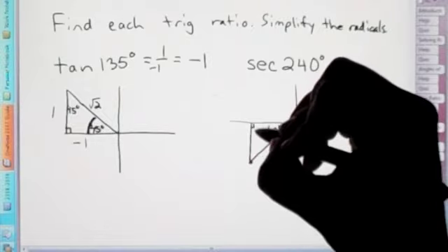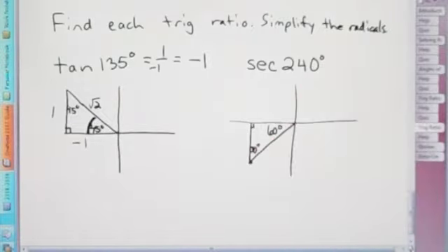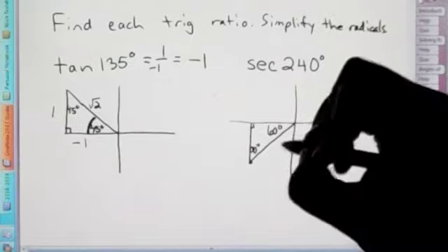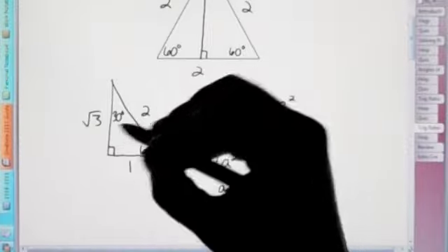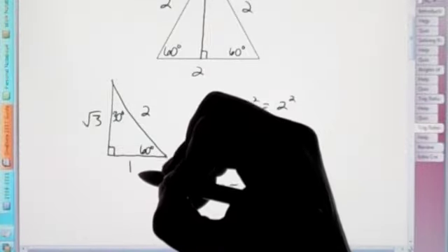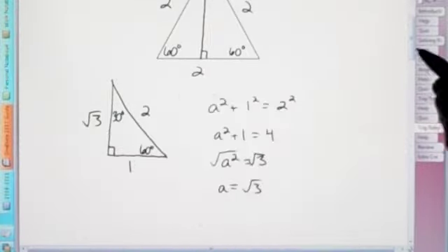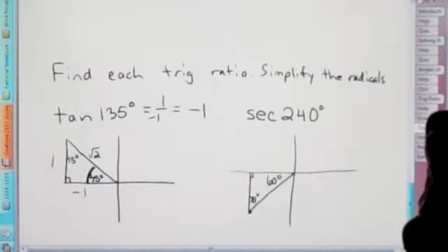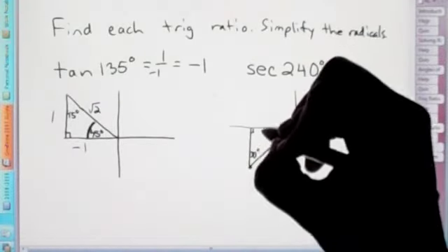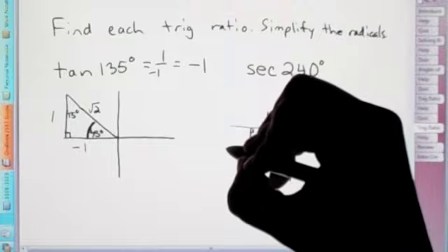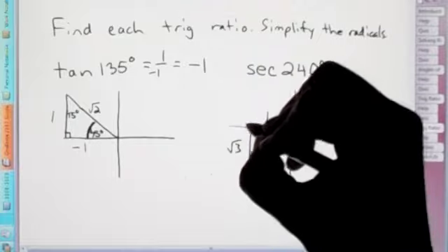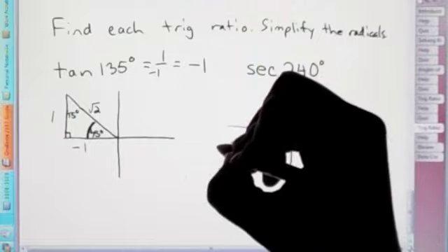So now here we have a 30, 60, 90 triangle, in which, again, it's 2, 1, root 3. The hypotenuse is 2, the side opposite 30 is 1, the side opposite 60 is root 3. Since it's going to the left, we know it's negative. Since it's going down, we know it's negative.